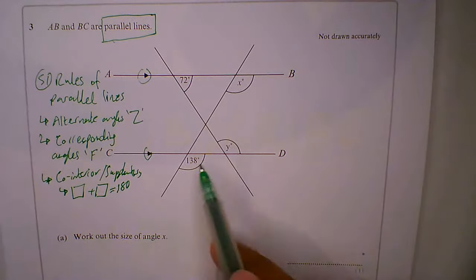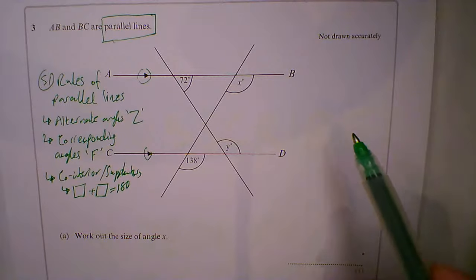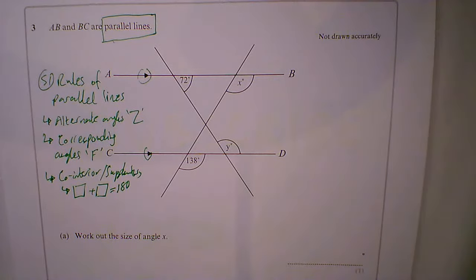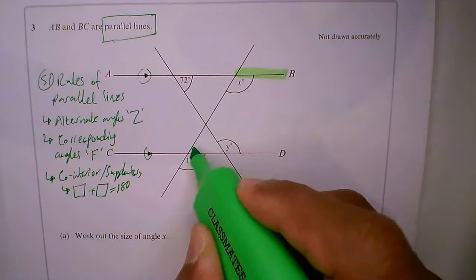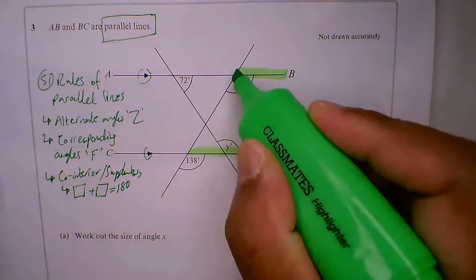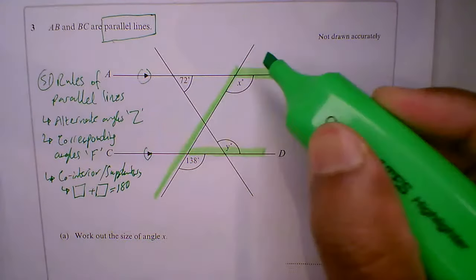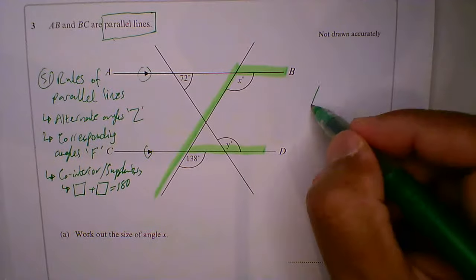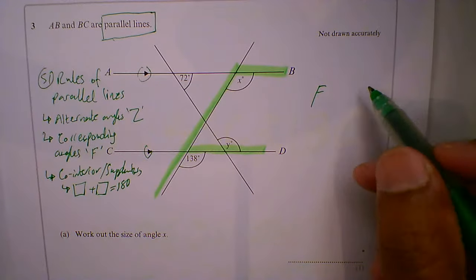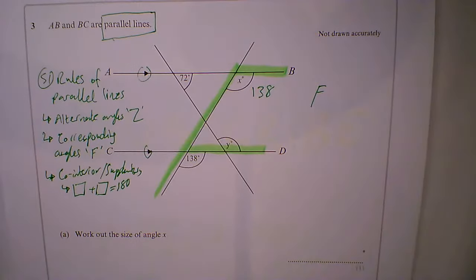Okay, so we're looking for one of these here, and we can just connect this. So we've got a parallel line here, and then if you connect this, what do you have there? You can see that's an F angle, so this means that X is also 138.